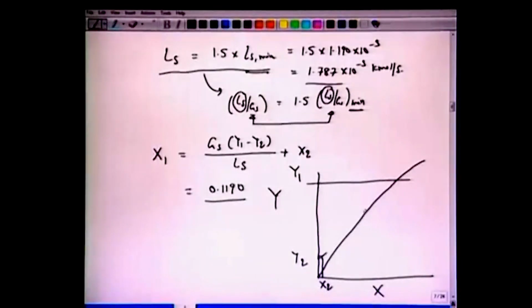So we draw a line which is a tangent to the curve at this point here. This point will of course be x1 min, and this slope will give us Ls by Gs min or Ls min, because Gs is fixed. When we take 1.5 times, now the line will move like this.